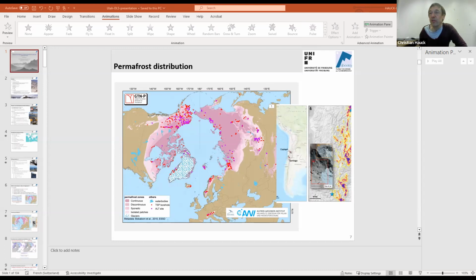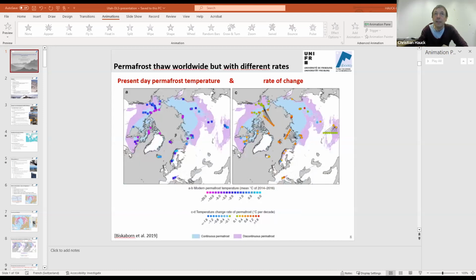This is only the northern hemisphere. In the southern hemisphere, we have the Andes, with much less boreholes or much less information, although, permafrost-wise, they cover really a large latitudinal gradient. And the present day rate of change due to climate change is shown here on the right-hand side.